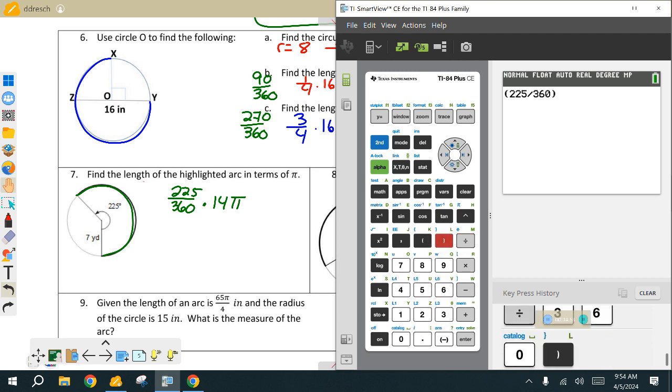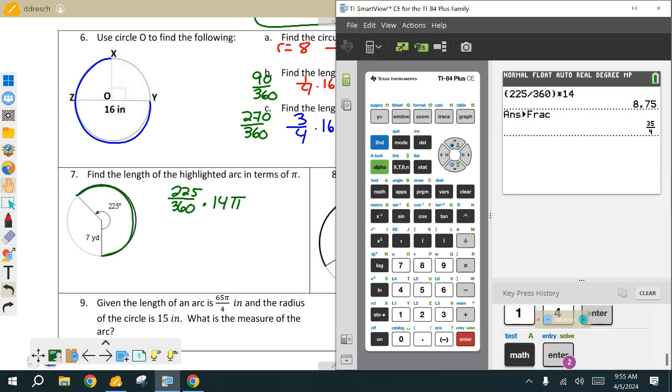Always 360 times what? 14. Let the calculator do all the heavy lifting. Hit enter, and then change it to what? Fraction. Decimals and pi, decimals and radicals, we never do hand in hand. We do fractions pi, fraction radicals.